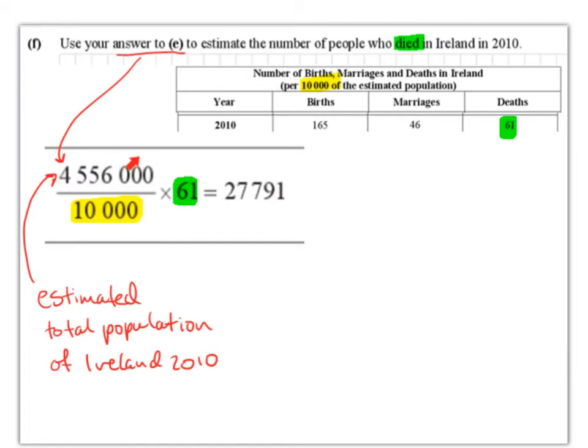So that was the estimated total population of Ireland in 2010. So we're going to divide this total population by 10,000 and multiply it by the number of deaths per 10,000, which was 61, and we get 27,791. So this is an estimate of the number of people who died in Ireland in 2010, 27,791.